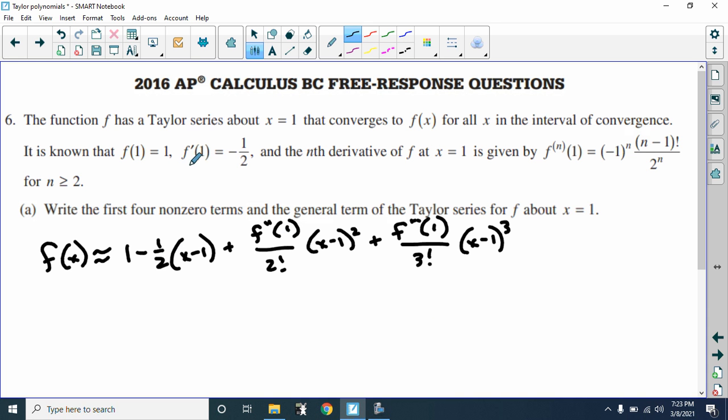So this negative 1/2 is the first derivative at 1, and this is the function value at 1. To get the second derivative and the third derivative, this is a formula for the nth derivative.